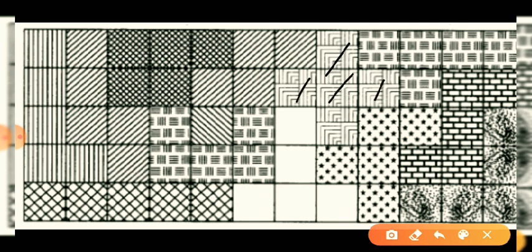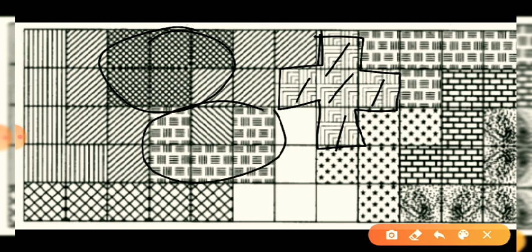So here is the picture. You can see different patterns like 1, 2, 3, 4, 5. Okay, this shape you can see is used to complete this 5 by 12 rectangle. So other patterns which are used to fill this 5 by 12 rectangle you can see here.